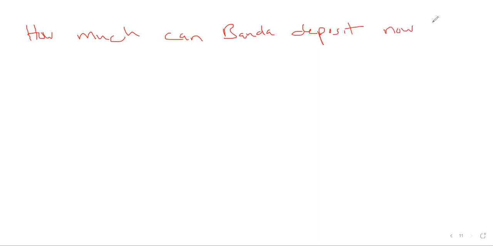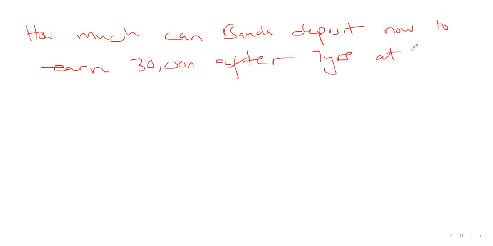Okay, how much can Banda deposit now to earn 80,000 after 7 years at 2%, semi-annual compound interest.